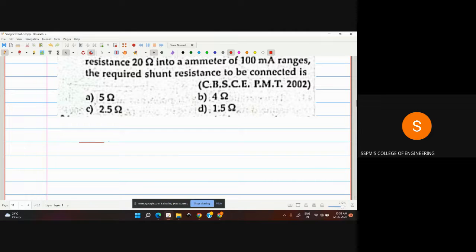You know, in the ammeter the shunt resistance is connected across galvanometer. असं कनेक्शन आहे. S is connected across G.